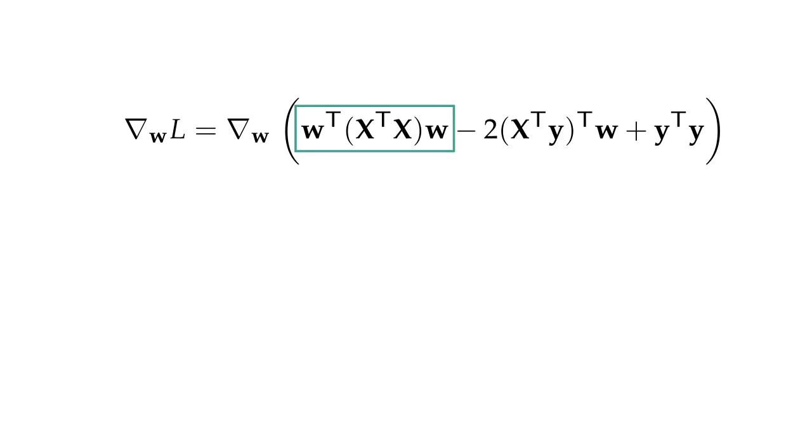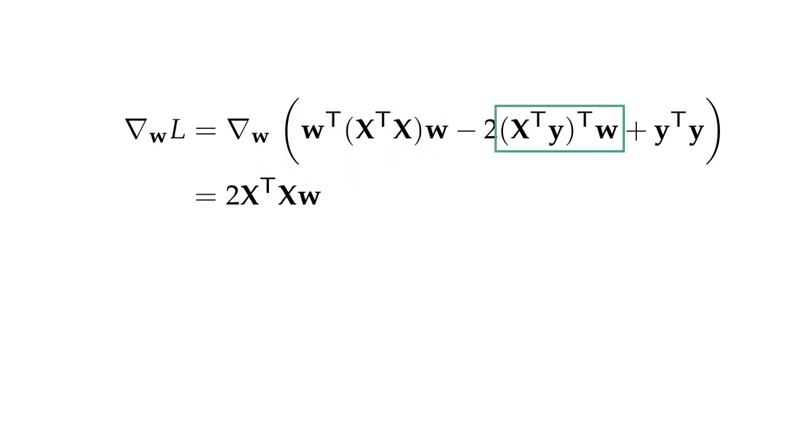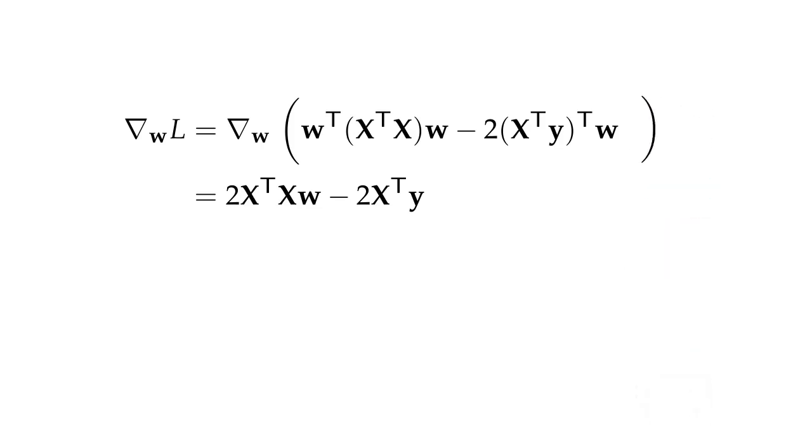X transpose x is by definition symmetric, so this first term is a quadratic form, and we know what the gradient for that should be. In the second term, x transpose y transpose is just a vector, so this is just a linear form, and again we know what this should be. Finally, y transpose y doesn't involve w at all, and so we can just get rid of it.